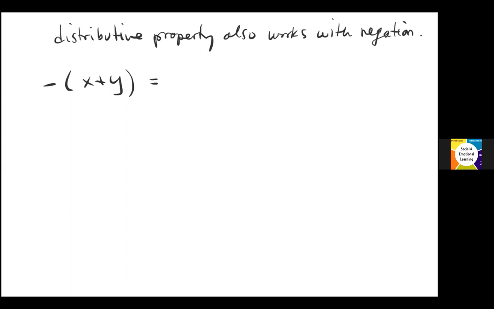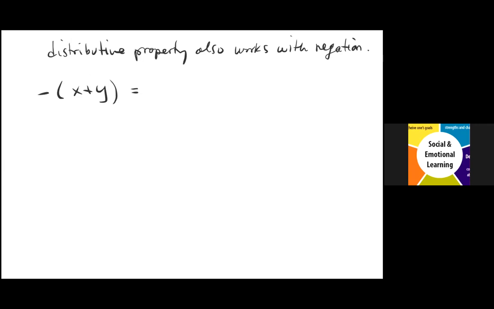The idea that there's a negative out front of this bracket means this is like multiplying these brackets by -1. This is like saying I have a -1 out here and I'm multiplying it by x plus y.